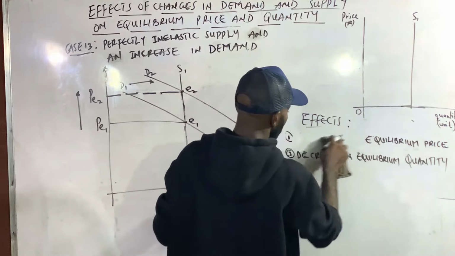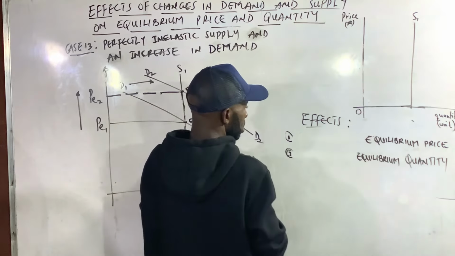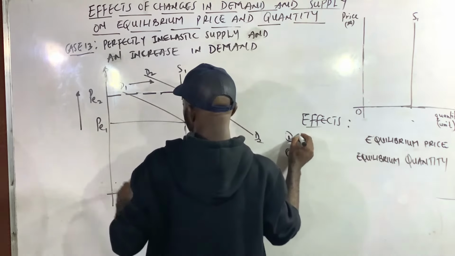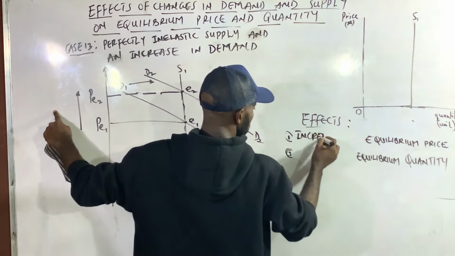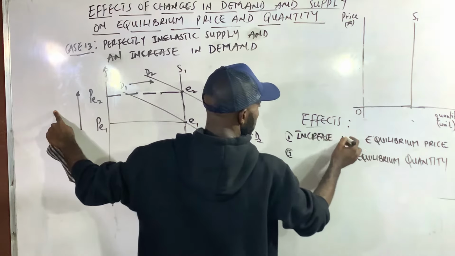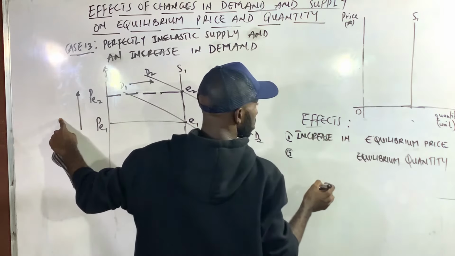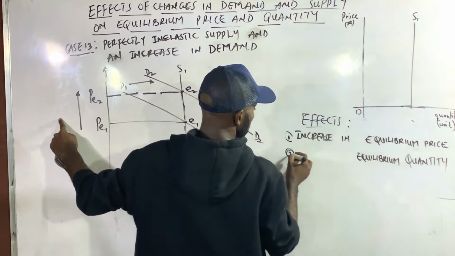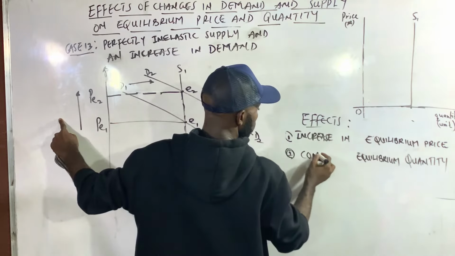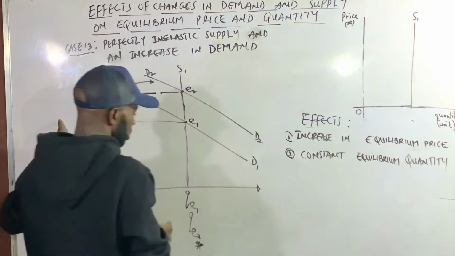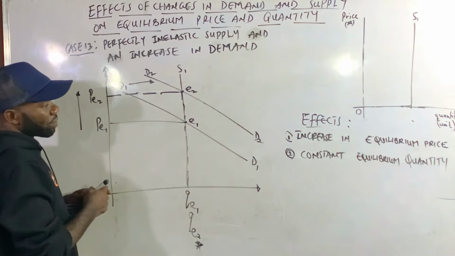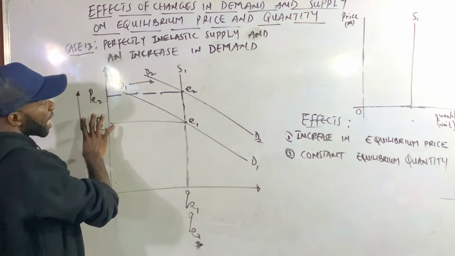So equilibrium price is the one increasing while equilibrium quantity remains constant. So we can bring this out: increase in equilibrium price, and then we have constant equilibrium quantity. That's the effect that we have from the diagram.